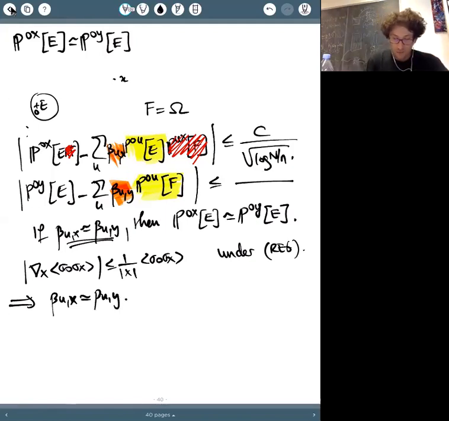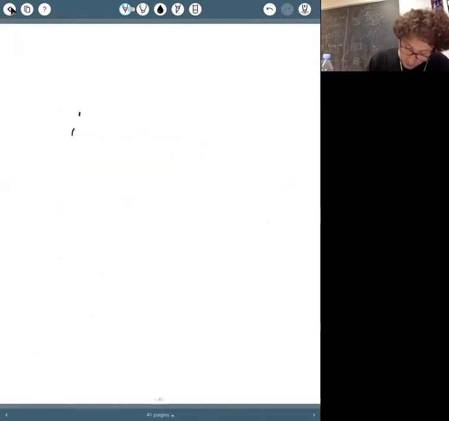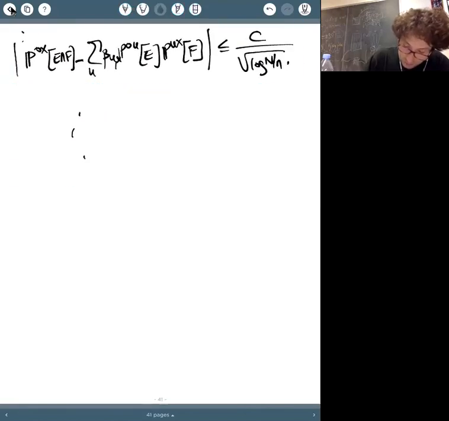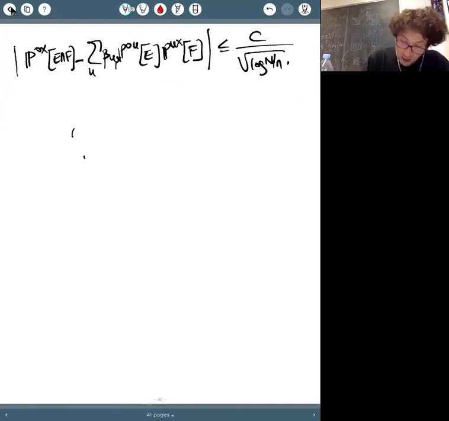Okay, once you have that P0x of E is almost P0y of E, you can go back. So let's go back here. You can go back to this. And now, that's original. I don't know why it doesn't want to erase, but okay. If P0x is very close to P0y, here you can replace by P0x and remove the thing.